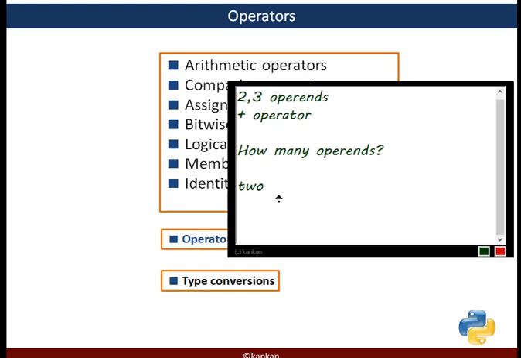So plus will be called a binary operator, because there are two operands. Whether the operator is binary or unary depends on the number of operands.